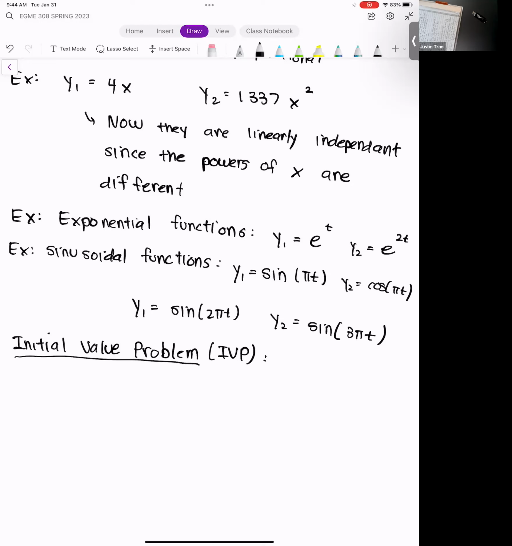I mention this because in your later classes, they may use this terminology. An initial value problem is actually a combination of two things. On the one hand, you have a differential equation, and then you have the initial conditions that give you the full scheme.